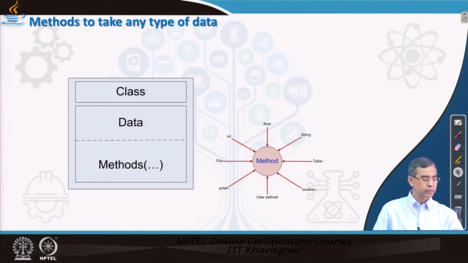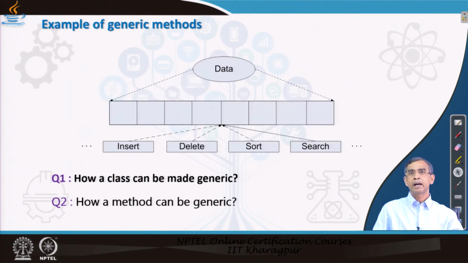You know that concept already, but here we want to think about this encapsulation concept again in a better way: how a class can be designed, or how a program can be written, so that irrespective of the type of data your program can cope with it. This means how it can be generic. So, a class can be made generic, a method can be made generic, where data can be of any type. This is the concept that is coming on the way.